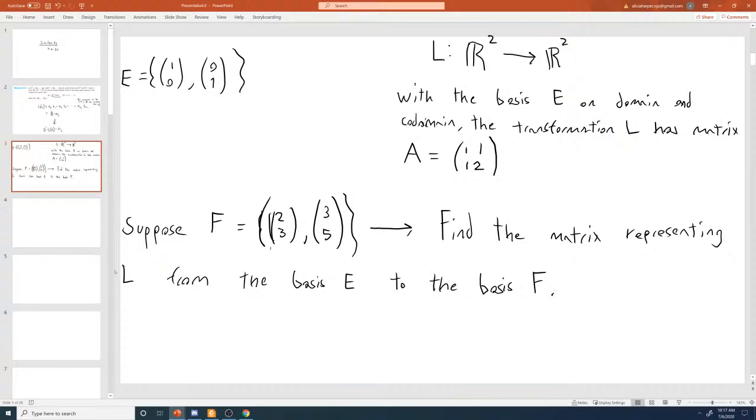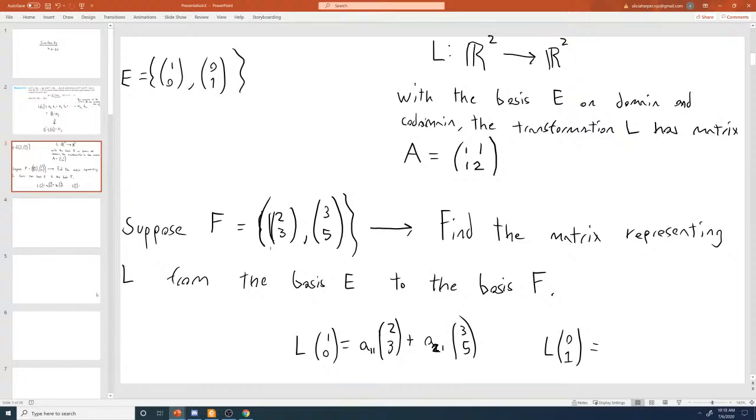So here is how we go about doing this. What we want to do is compute L of (1, 0) and also L of (0, 1), and then express both of these in terms of the basis F. So here we're going to have A11 times (2, 3) plus, I'm sorry, actually A21 times (3, 5).